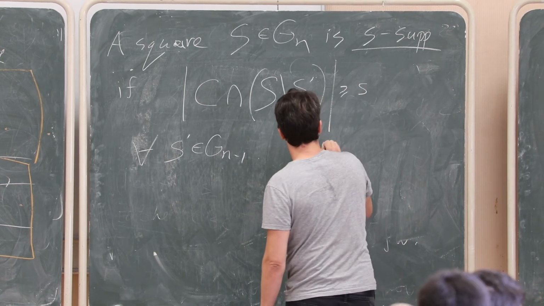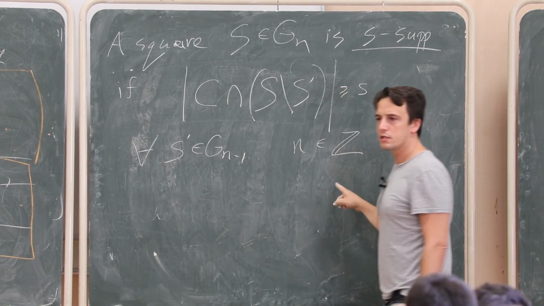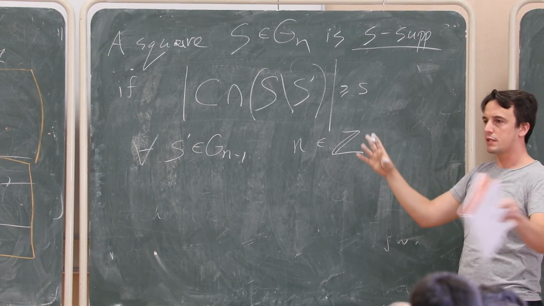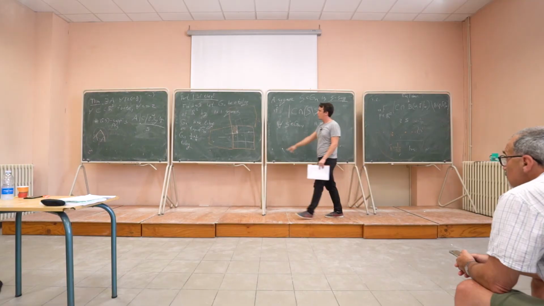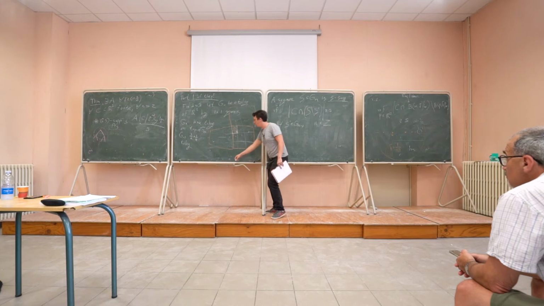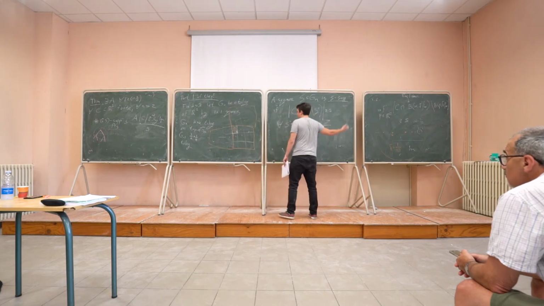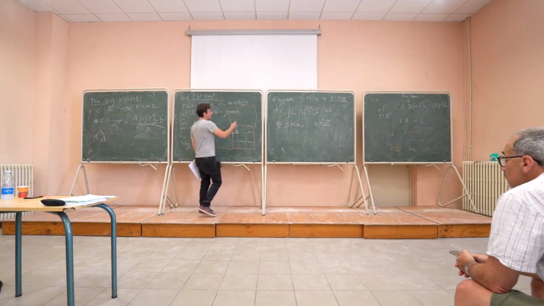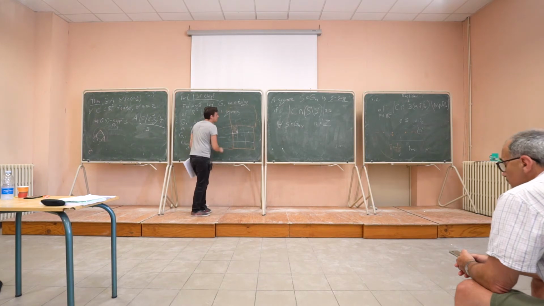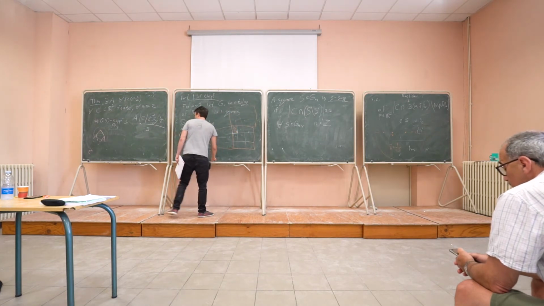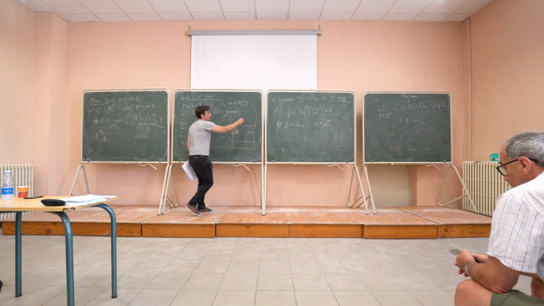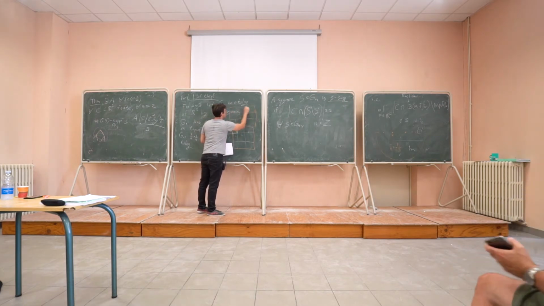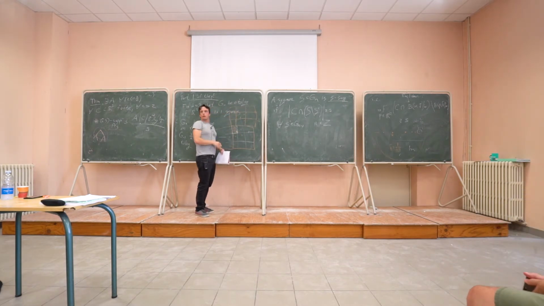And n can be anything, not just a positive integer, but also in Z, so this corresponds to not caring about the scale that you are at. So it's a very similar definition, but suited for this particular setting. If I have inside the square many points, but such that if I remove any of the subsquares I still have many points, then I call this big square S-supported.